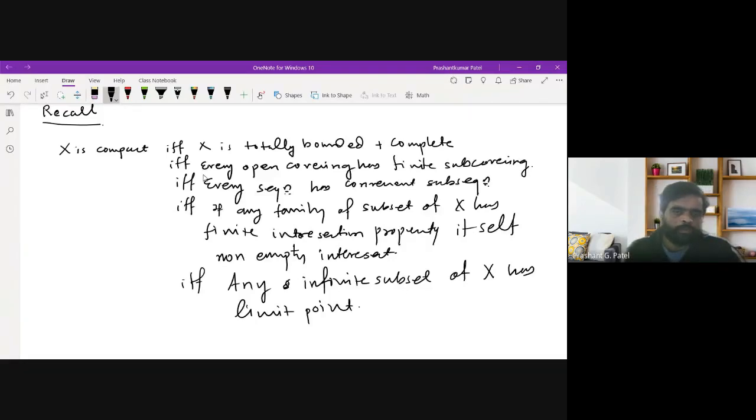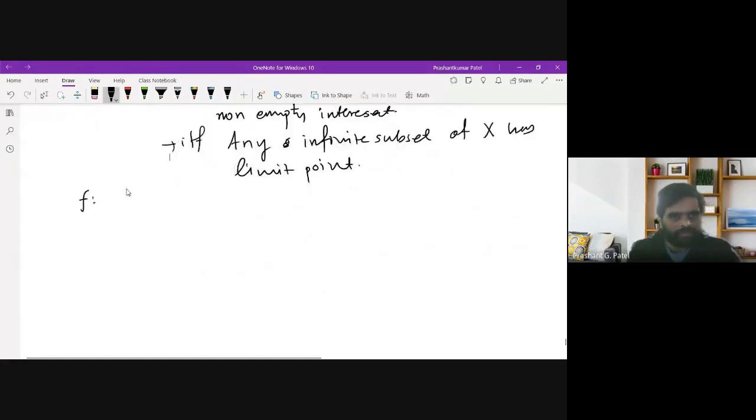So we have proved the following results. The last result I have given you as a project to do. Now, in the next, we have discussed that if you have a function f from X to Y, f is continuous and X is compact, then this will imply f of X is compact.